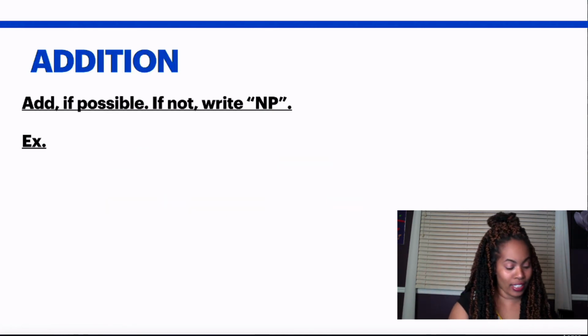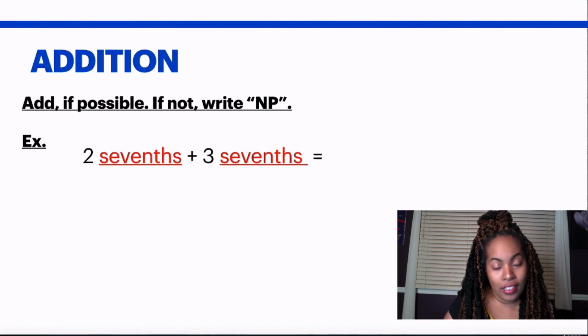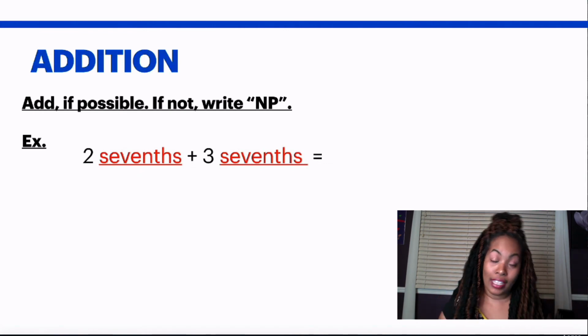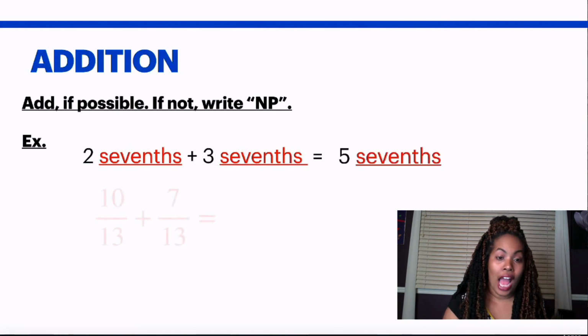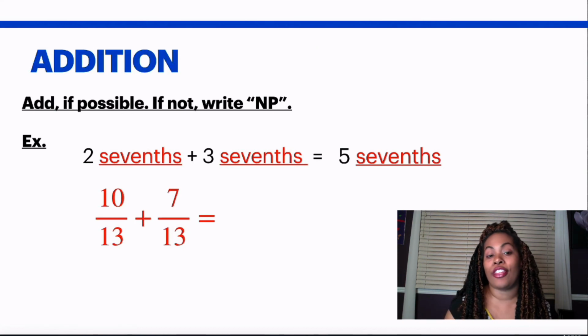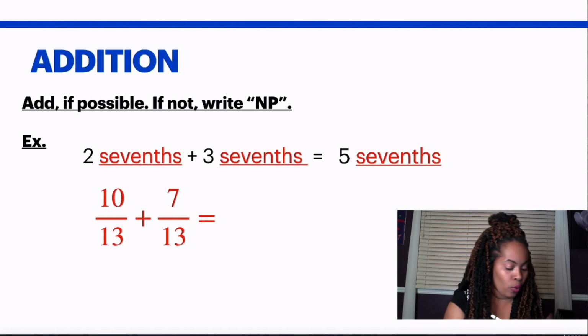Let's try another example. What about if we have 2 7s plus 3 7s? Are they the same thing? Yeah, they're 7s. So add them together, we get 5 7s. How about if we have 10 13ths plus 7 13ths? Well, we're looking at that denominator right there, 13ths.